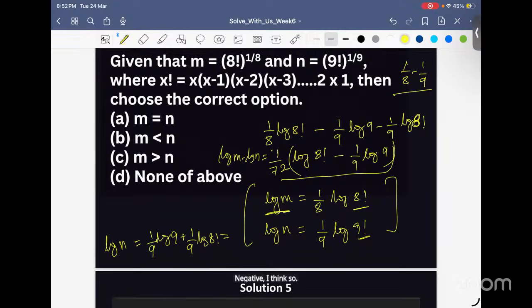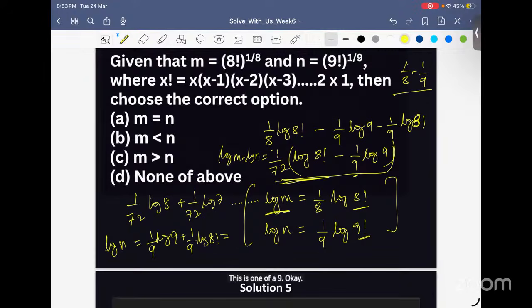Why? Because see, 1 upon 72 log of 8, correct? Plus 1 upon 72 log of 7, correct? This should be how many times? 8 times, correct? This is 1 upon 9.